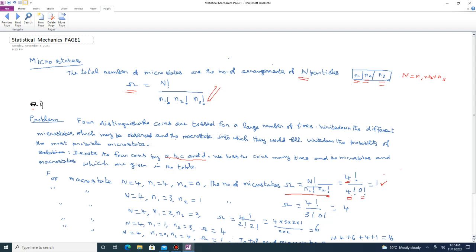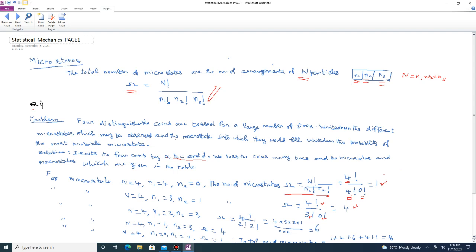So using this expression you can calculate the total number of microstates. Either you form a table and calculate, or you can use this formula. Since the total number of coins is capital N equal to 4, for another macrostate n1 is equal to 3, n2 is equal to 1, you substitute and you get 4. So this is the total number of microstates corresponding to n1 is equal to 3 and n2 is equal to 1.